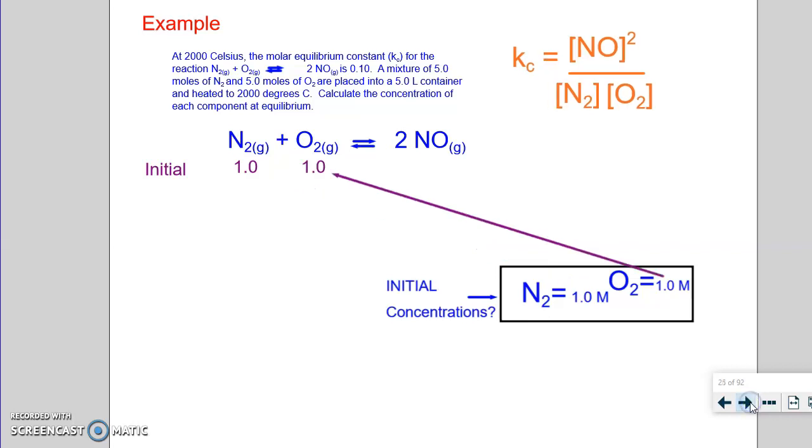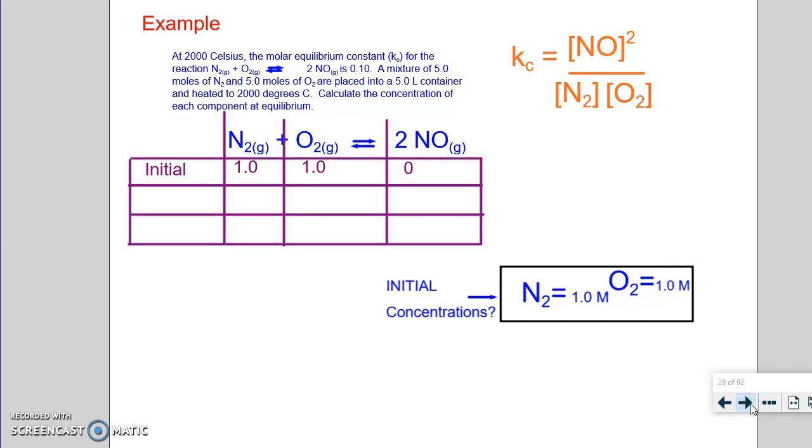And for the oxygen, we have the same. And for the nitrogen monoxide, we don't know anything. Actually, we do know something. It's not mentioned that we put any into the reaction vessel, so we should assume that there isn't any. So we're going to start with none of that. At equilibrium, clearly that can't be the case because our K value isn't 0, so we know that this is going to react.